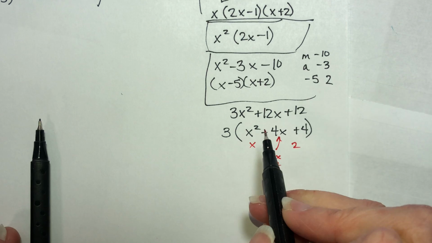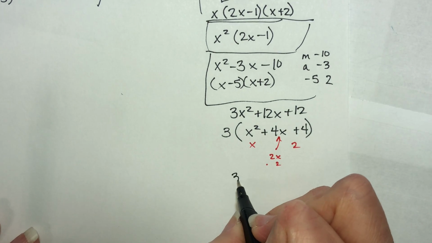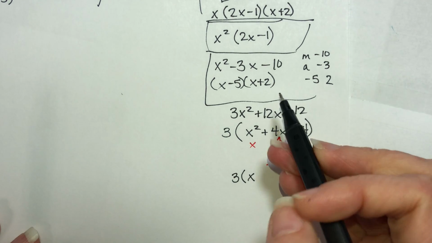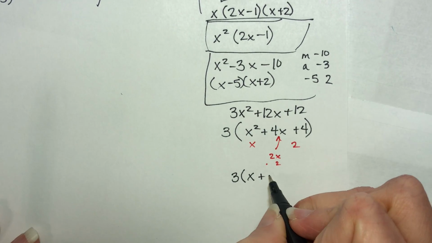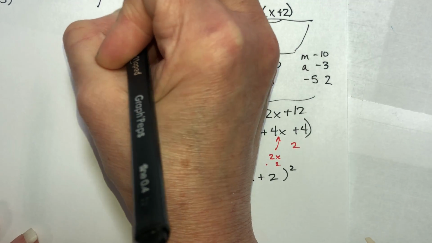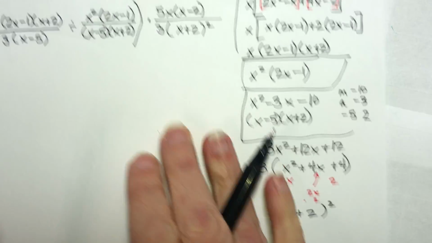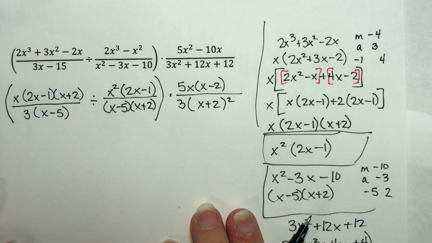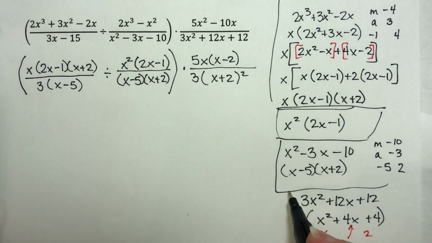So this is a perfect square trinomial, which means that this factors as 3 times x plus 2 squared. And I've just rewritten that in that denominator. So now everything is factored.